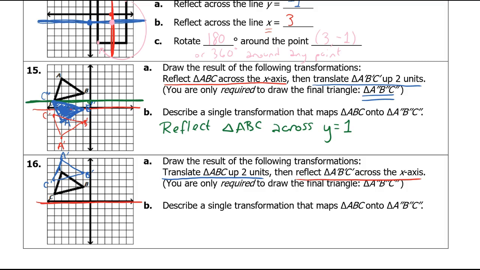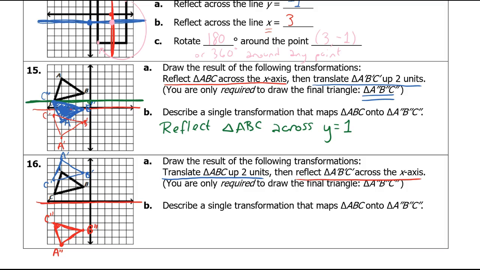B prime is 4 units above the red, so we'll go 4 units below for B double prime. C prime is 3 units above, with 3 units below. And A prime is all the way at the top, 6 units above, way at the bottom, 6 units below.